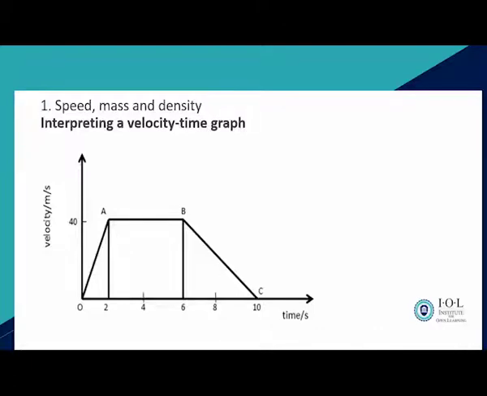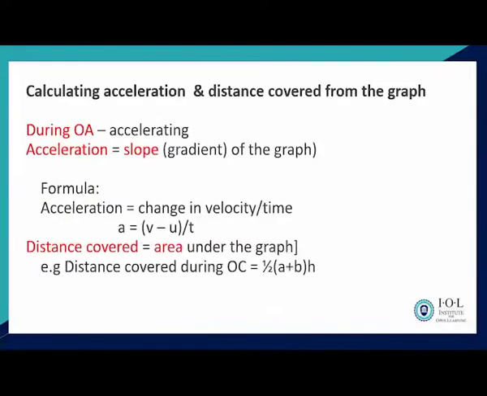But if you are able to identify the shape straightforward, like this is a trapezium, then you can calculate that distance using the formula for a trapezium, which is half times a plus b multiplied by height. So we don't use the formula for distance.